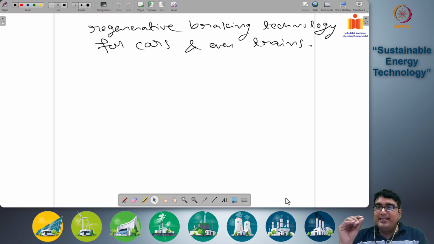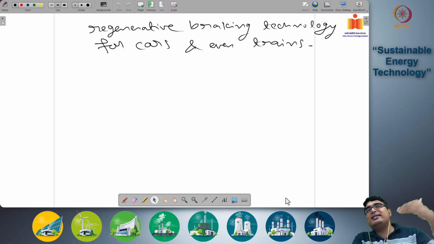Also, in many places, the regenerative braking technology of cars and even trains are places where supercapacitors are used. So again, if you remember what regenerative braking technology is, when the car or a train is braking, part of the energy that is lost during braking is stored in the capacitance system.